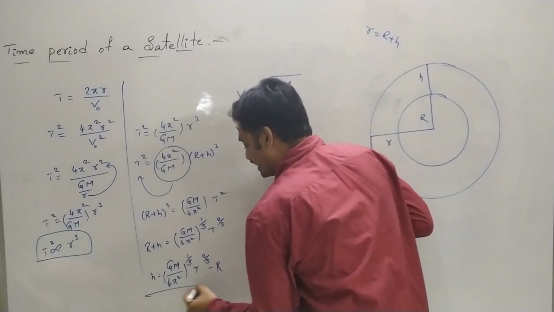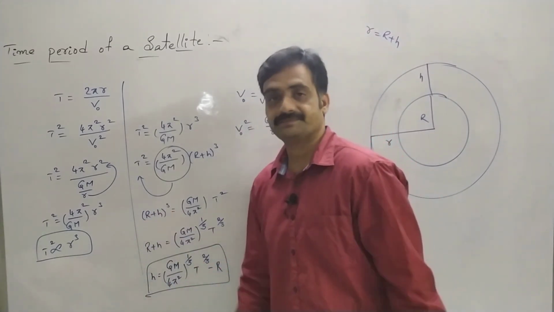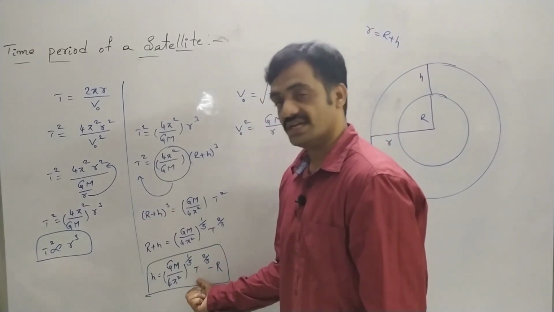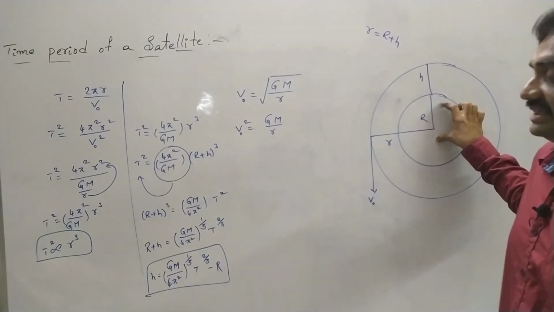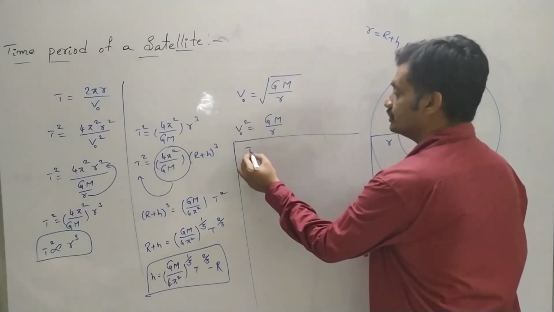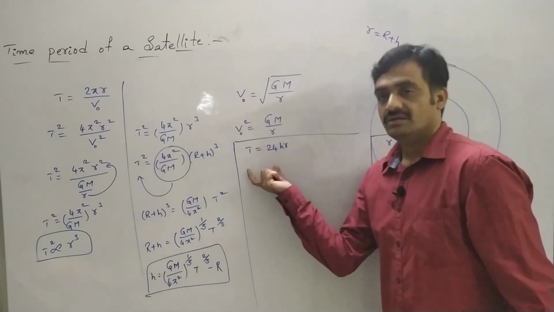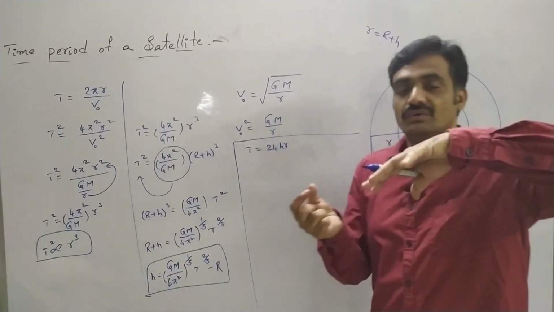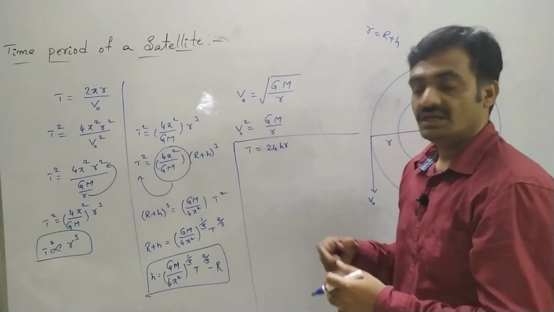This shows the expression for height of the satellite in terms of time period, where R is the radius of the planet. In order to get the time period of the satellite as 24 hours, means the satellite has to revolve around the planet in 24 hours.